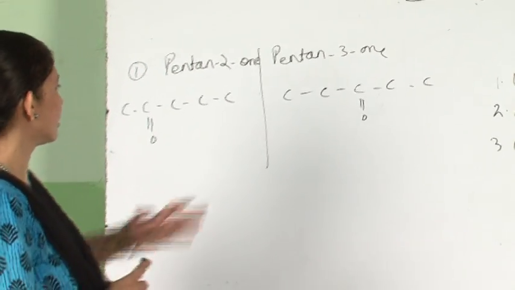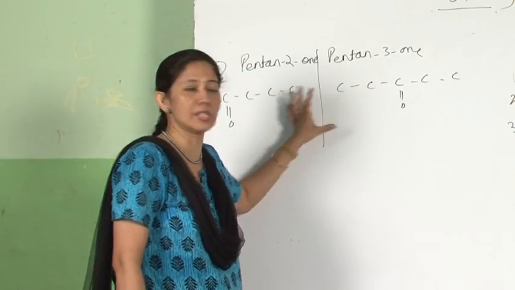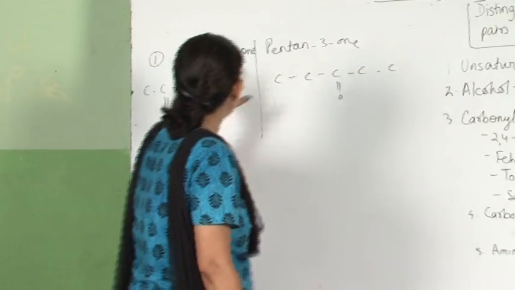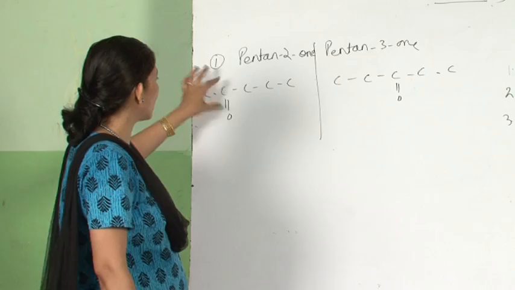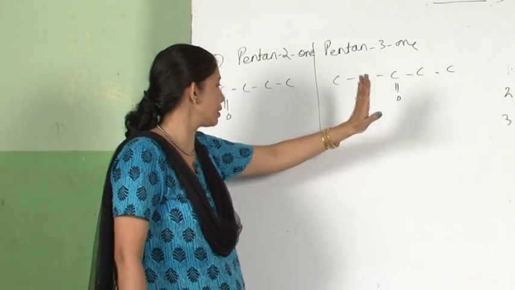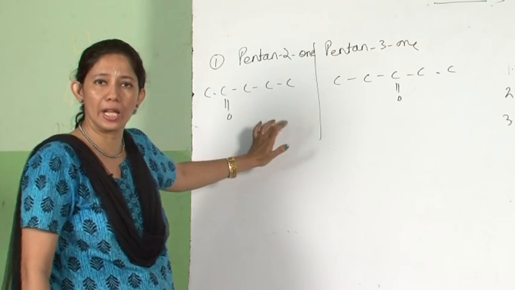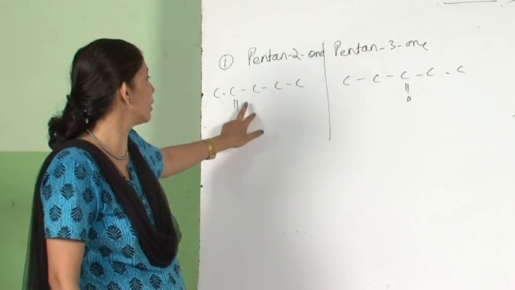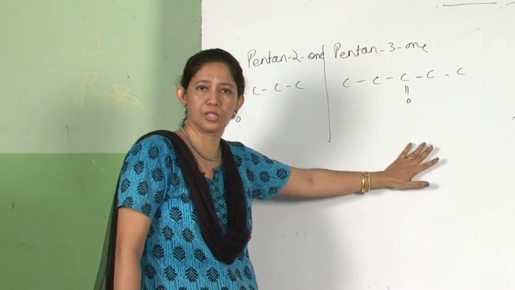Now the moment you see this, it is going to give a test of ketone. When both sides of the functional group are the same, I cannot write any of the tests. Now in this case, it is the iodoform test. Here you have a methyl keto group. This one does not contain a methyl keto group. Pentan-2-one, when it reacts with NaOH and I2, is going to give a yellow precipitate of iodoform. This will not give it. I hope this part is clear.